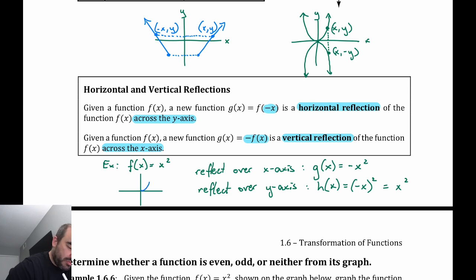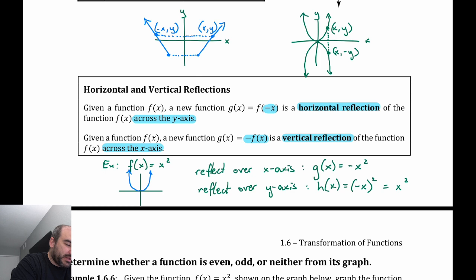Good, because a parabola looks like this. If I were to take that and reflect it across the y-axis, it would just be switching these two halves of the parabola. We have something U-shaped, we flip it around, it's still U-shaped. If we reflect it across this vertical line, it's already a mirror image of itself, so it lands back on itself when you reflect over the y-axis.